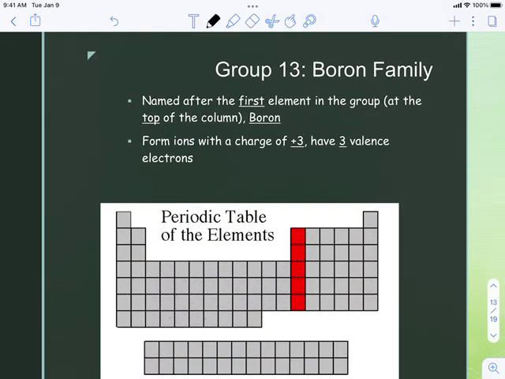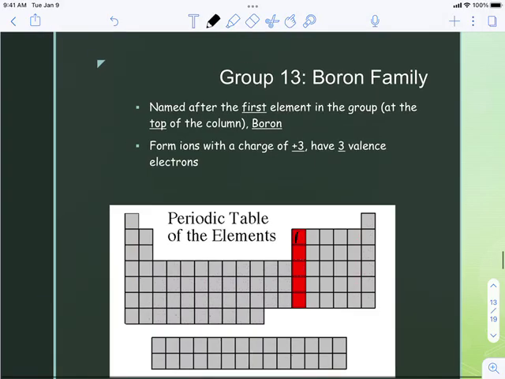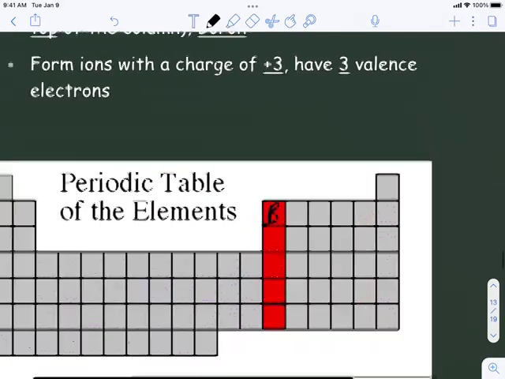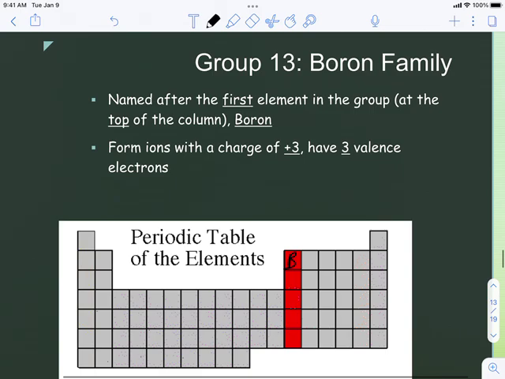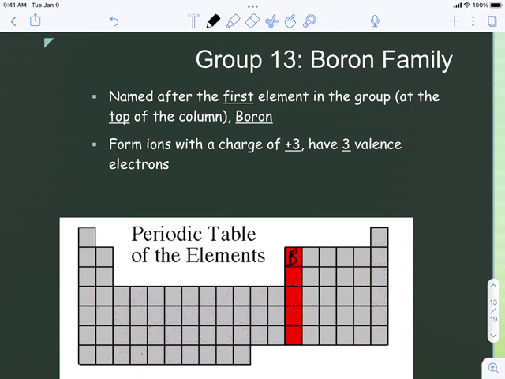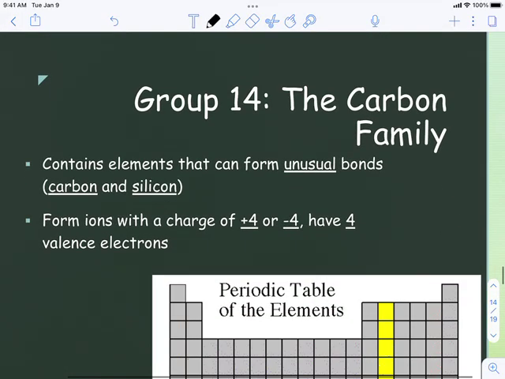Group 13, the boron family. It's just called the boron family because the first element in the group is boron. So I won't refer to it as the boron family. It's group 13. Again, not terribly worried about much there. Just going through the groups here. Group 14, same idea.